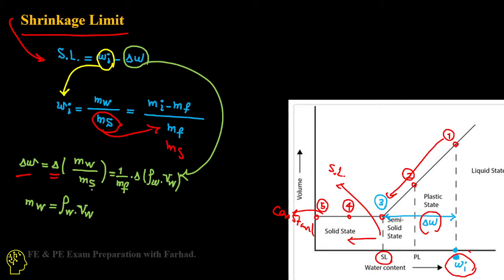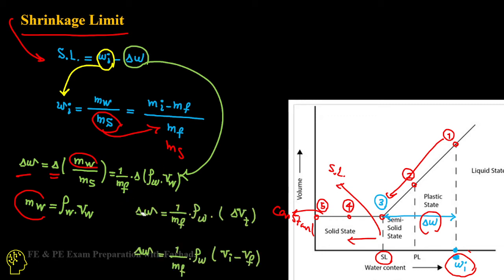And because the numerator, mass of water, is density of water times volume, and the denominator, mf, mass of final, is mass of soil, we can take the final mass out of the delta. So that's 1 over mf times the variation of rho w Vw.